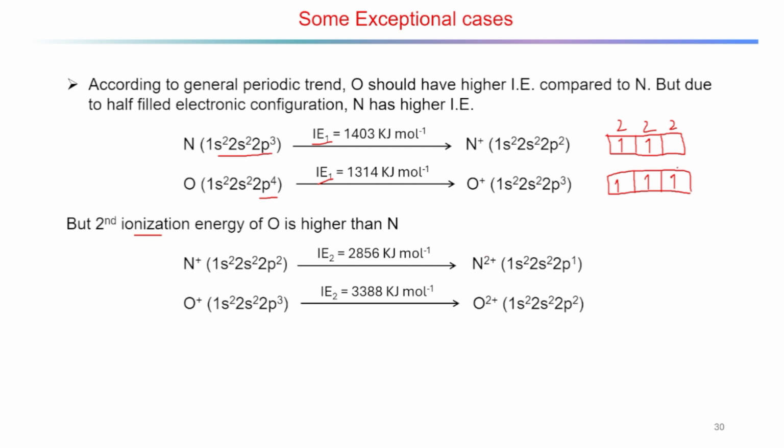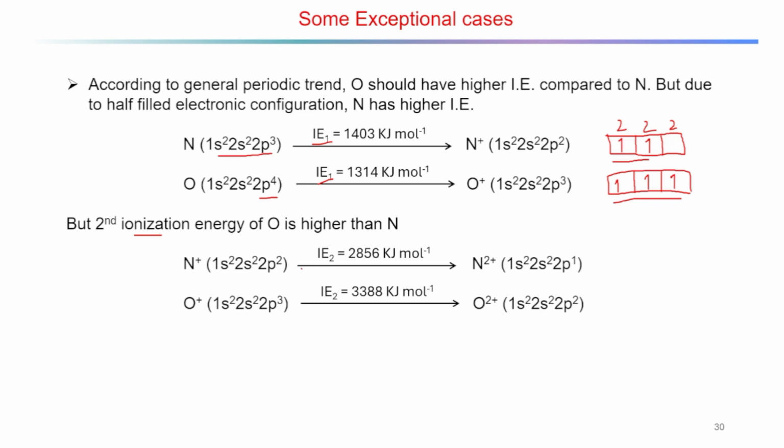So in this case, now we see there are only 2 electrons, and the exchange energy is also very less for nitrogen because it is not half filled. But now this O positive, that is actually half filled. There are only 3 electrons, and in this half filled configuration they have higher exchange energy.